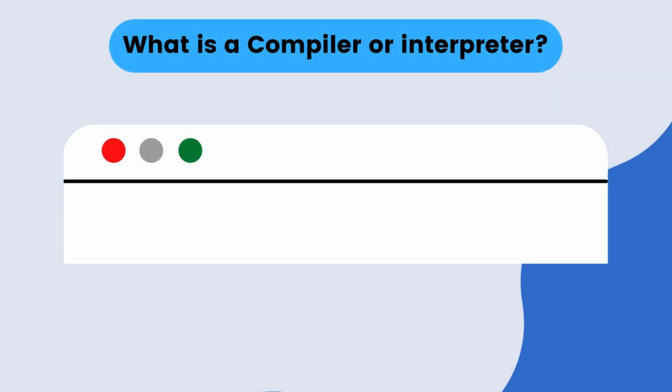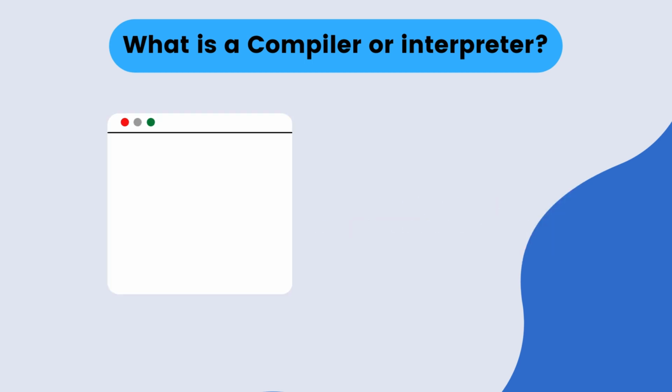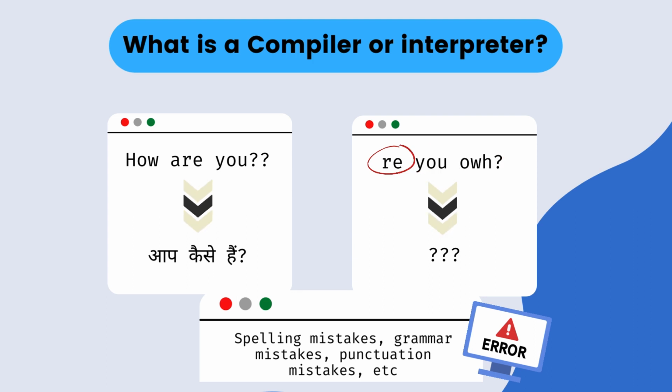What is a compiler or interpreter? A compiler or interpreter converts high-level language to machine language and vice versa. Now we will see how the compiler or interpreter works. Let us assume you want to convert a sentence to Hindi. That is a very simple sentence, and the translator will understand it and convert it accordingly. Now try to convert a meaningless sentence into Hindi. Can you convert it? No, because you are unable to understand what it is. So, here we call them mistakes. In the programming language, the mistakes are called errors.